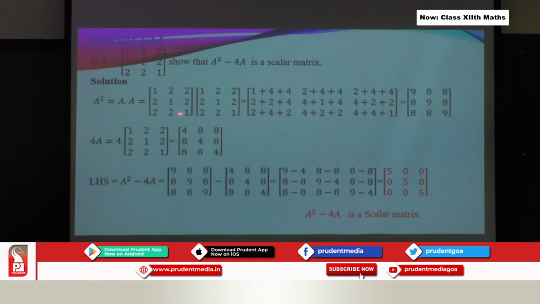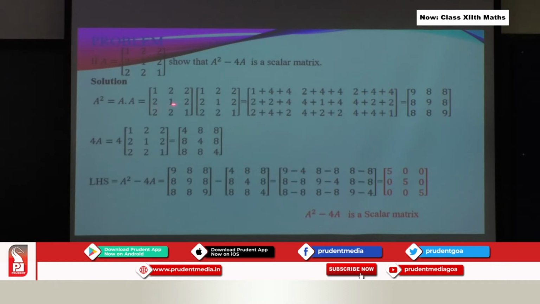Here you see 3 by 3, 3 by 3, so the final output is 3 by 3. As I showed you the steps of matrix multiplication, first row, first column will give you the first entry. First row, second column gives the second entry. First row, third column gives the third entry. So I finished with the first row.